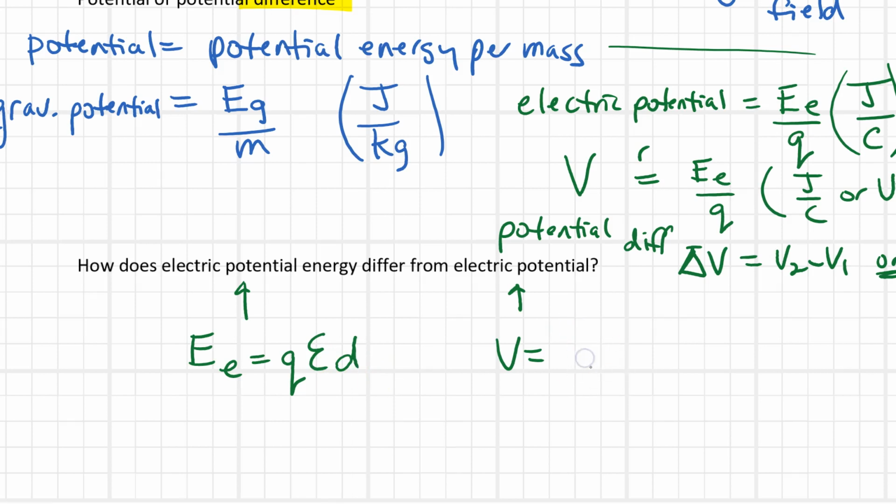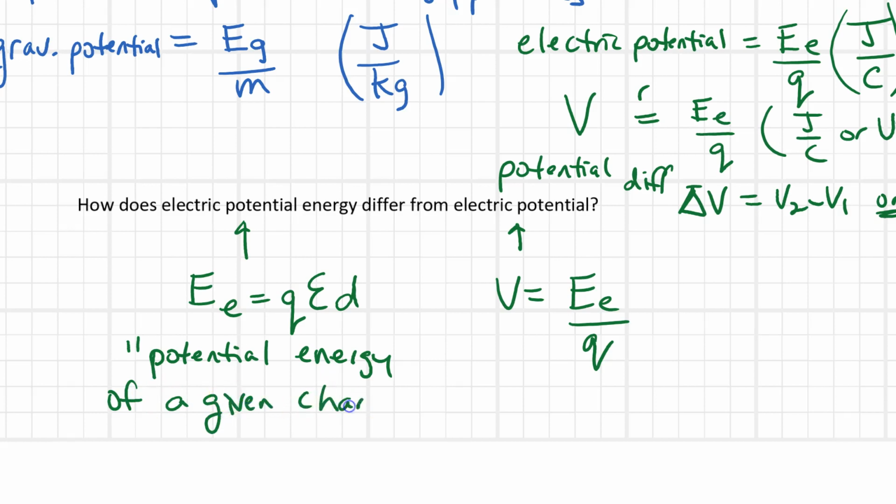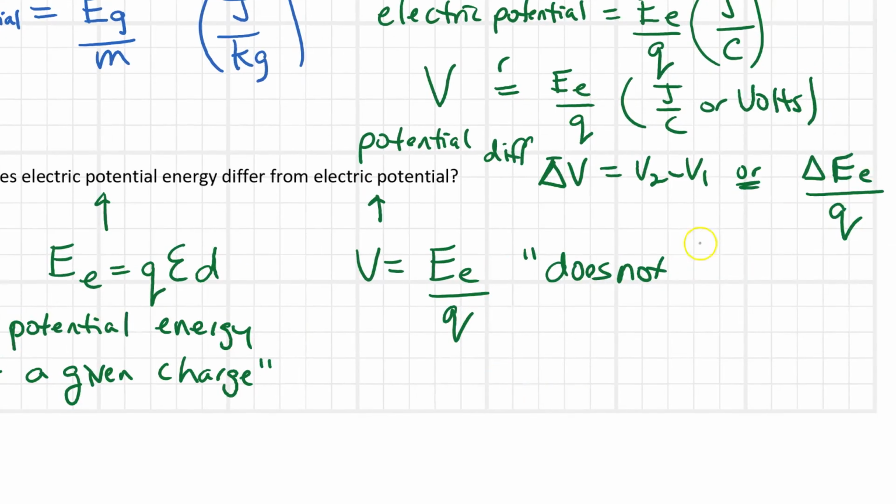The electric potential is EE per charge, and I guess the big difference between these two is that this is the potential energy of a given charge, and this one over here does not require a charge.